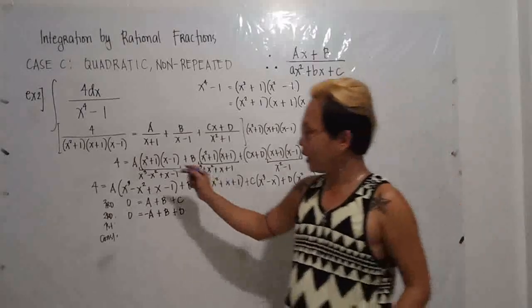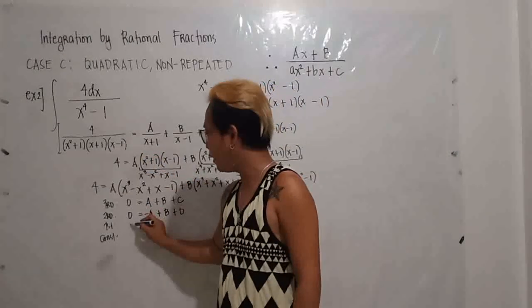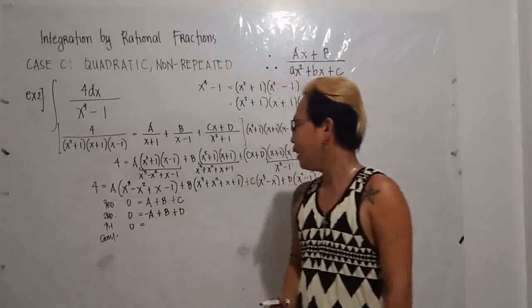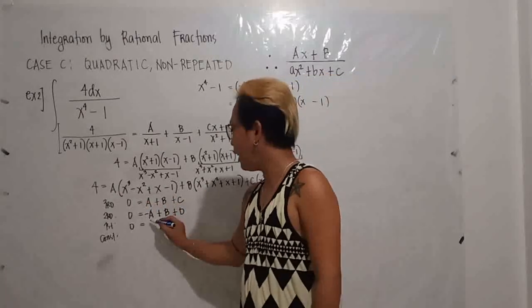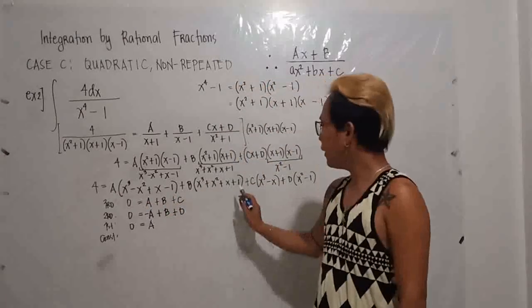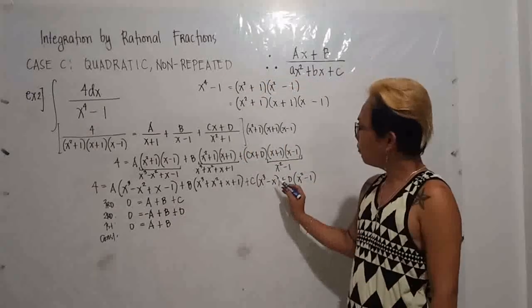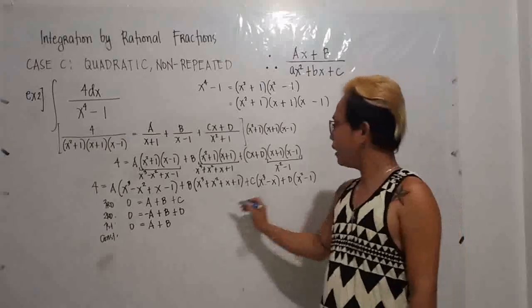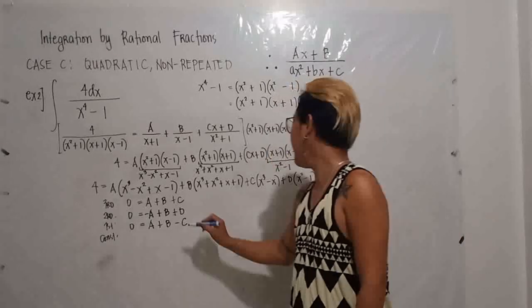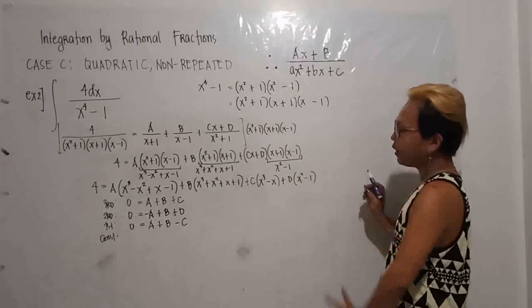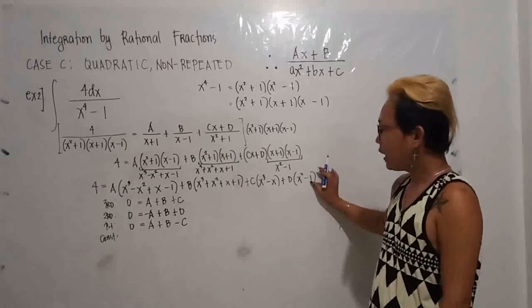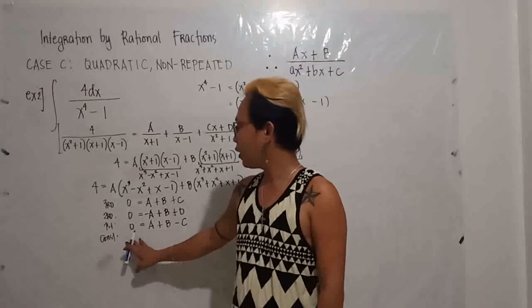Then for the first degree, we do not have our first degree ulit dito, so you will have 0. Then the first degree here is A. Then the first degree here again is B. Then the first degree here is negative C. Then pagdating kay D, we do not have our first degree. Then the last one is the constant.